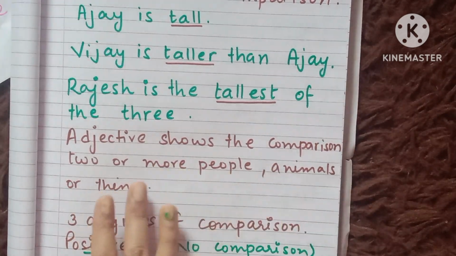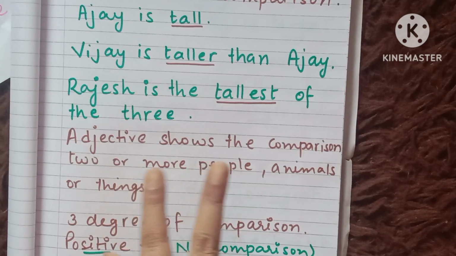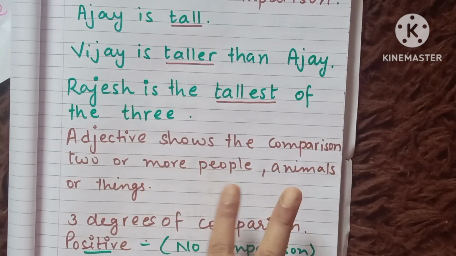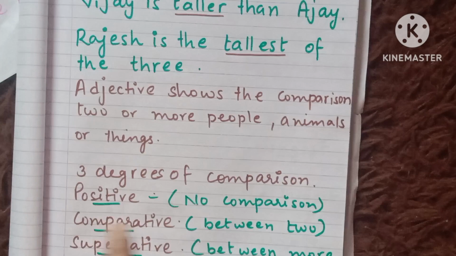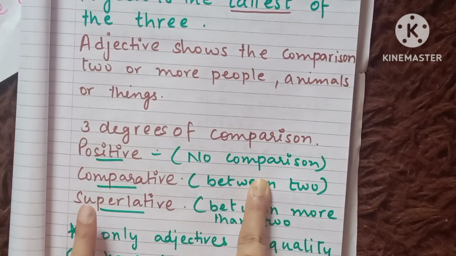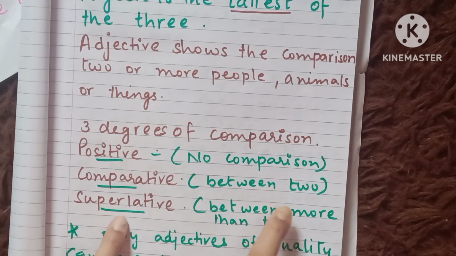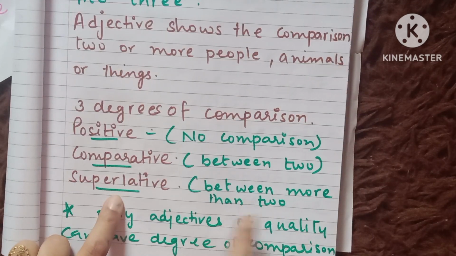Now, adjectives, you already know, show comparison. The adjective degree of comparison shows the three degrees we have already seen: positive, where there is no comparison; comparative, between two; and superlative, between more than two.